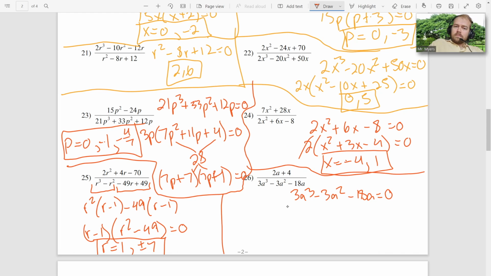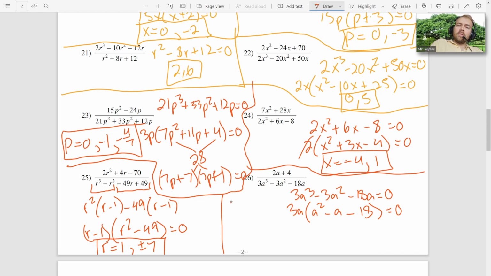Because I can factor out 3a. A squared minus a minus 18. And then this is just regular factoring. 18 is 1 times 18, 2 times 9, 3 times 6. And that's it. So does it factor? Maybe it doesn't.